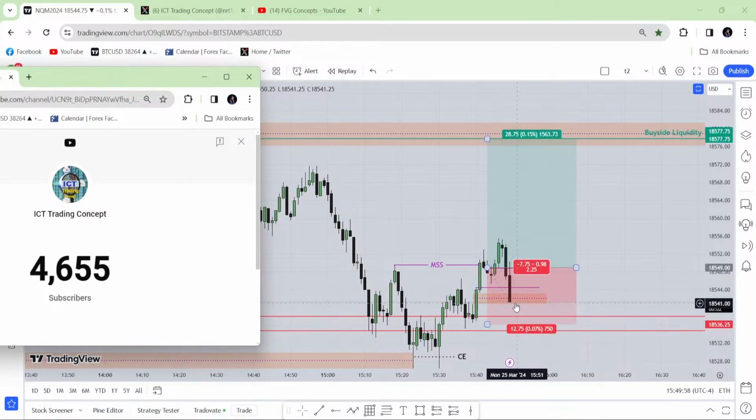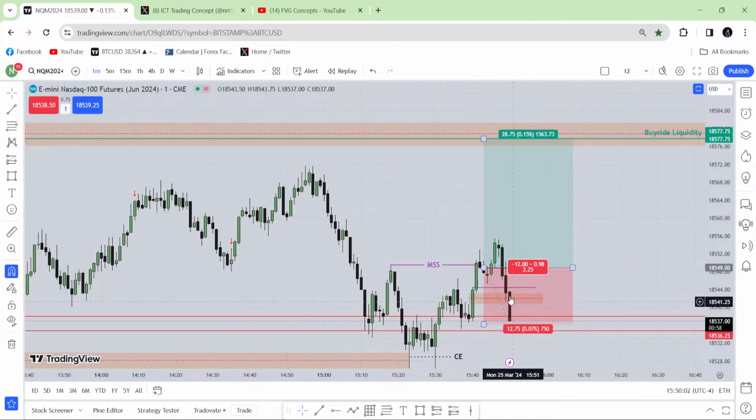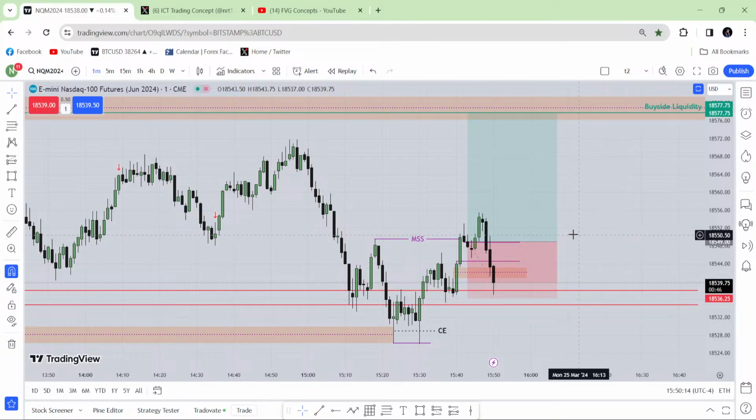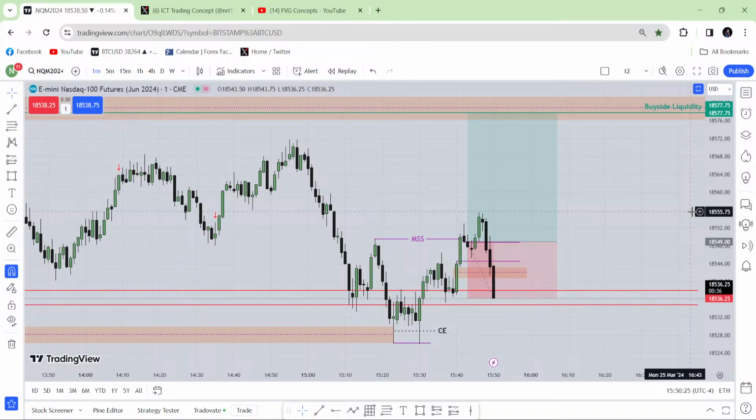If the market goes lower, it should not close below that level. See this move, look at this move. I'm really afraid of this move. Why is it happening around 3:50? Look at this 3:50 candle. It is highly volatile. That's why I always tell you, even if you take your entry, you have to close it at 3:49, because 3:50 is going to be very, very volatile and it will stop me out.